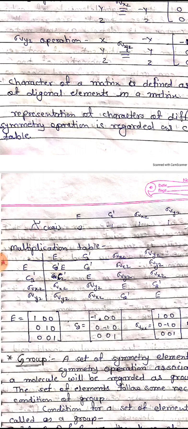What will result? It will be identity. Therefore, it is represented by capital E, that is identity operation. And you can write the character of this table. In upcoming classes, we will draw different multiplication tables of different molecules.